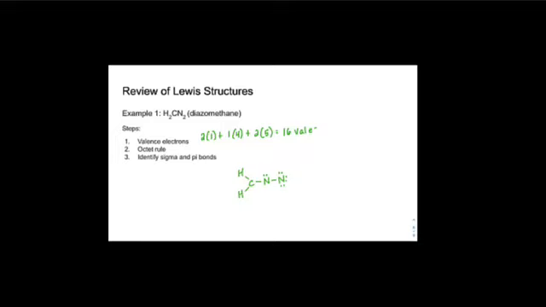So this is not a valid Lewis structure. At this point, we think about rearranging electrons so that we change sigma bonds perhaps into pi bonds. Sigma bonds are single bonds, and pi bonds are either double or triple bonds.